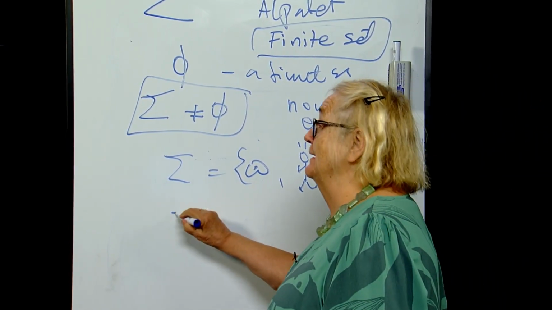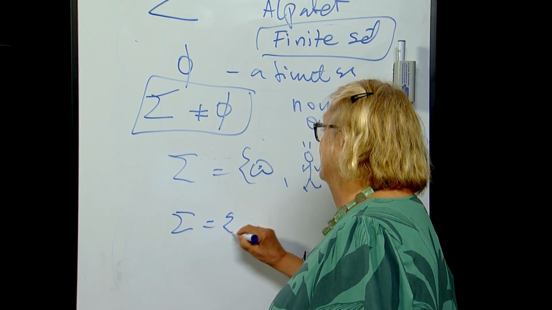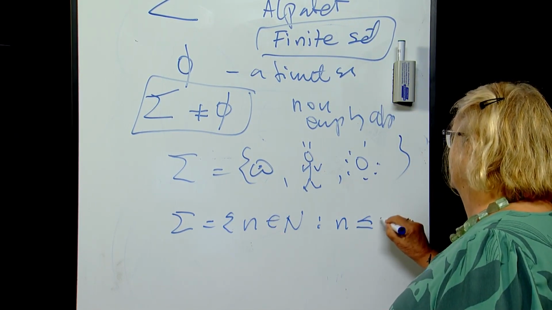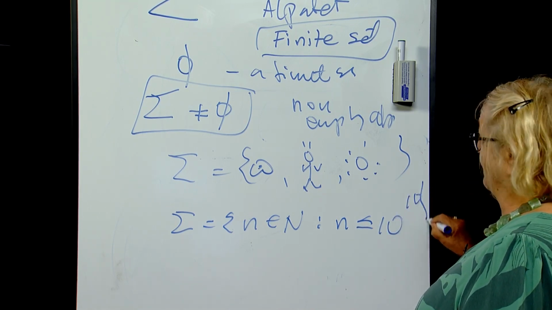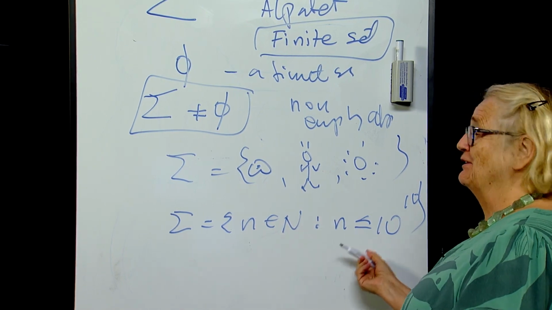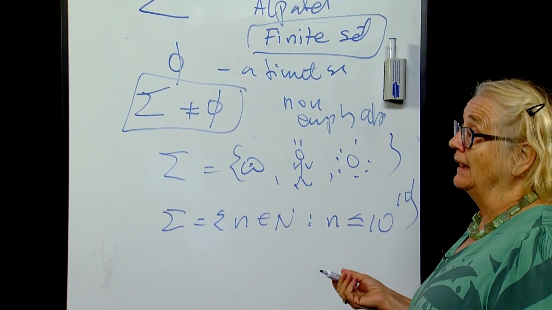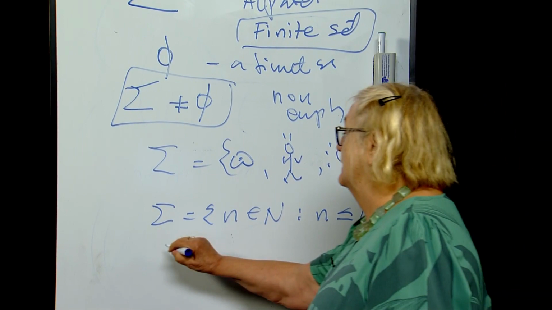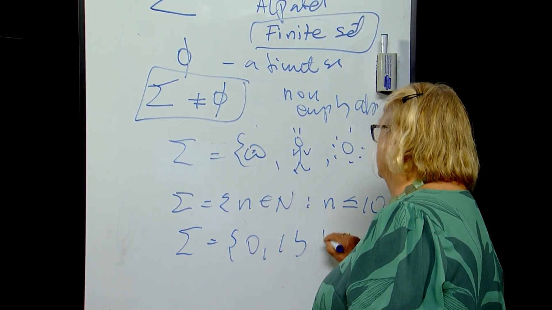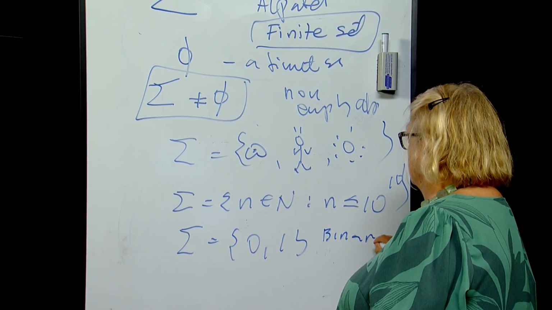You can write N, 10 to the power 10. That's a big alphabet, and the elements are natural numbers. And if you have 0 and 1, that is called the binary alphabet.